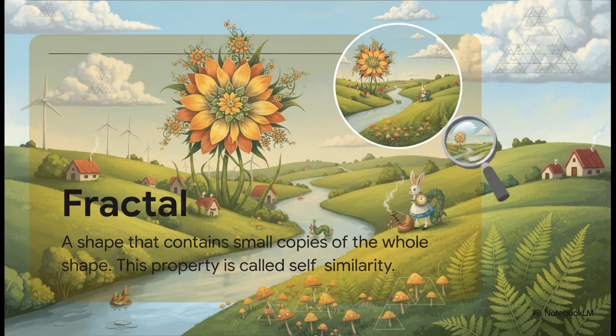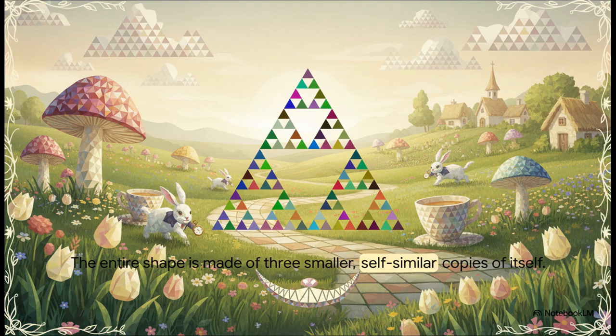All that means is if you zoom in on any part of the shape, you'll find a smaller, perfect copy of the whole thing. And you can see it perfectly right here. The entire Sierpiński triangle is built from 3 smaller, identical Sierpiński triangles. And of course, each of those is made of 3 even smaller ones, and it just keeps going. It's self-similar all the way down.